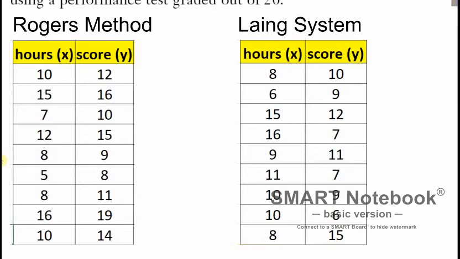So for example, this first row in the Rogers method table simply says that the dog received 10 hours of training, and at the end they got a score of 12 out of 20. Moving over to this Lang system table, this row right here says that this dog received 16 hours of training and scored a 7 out of 20.